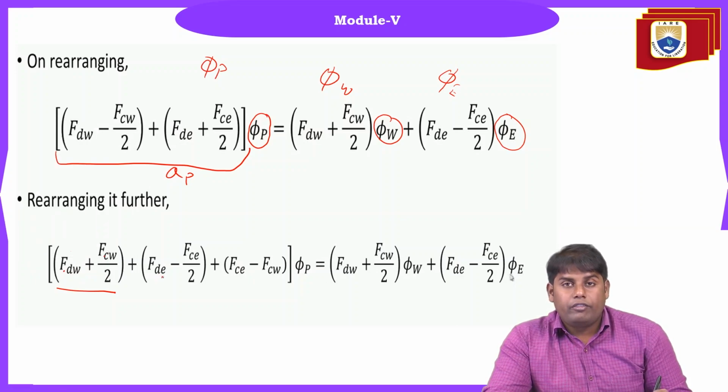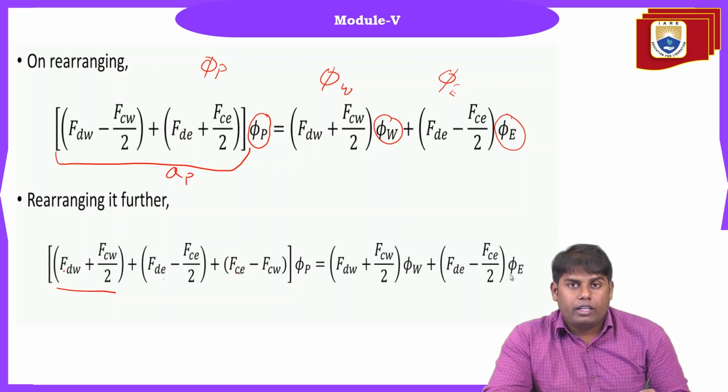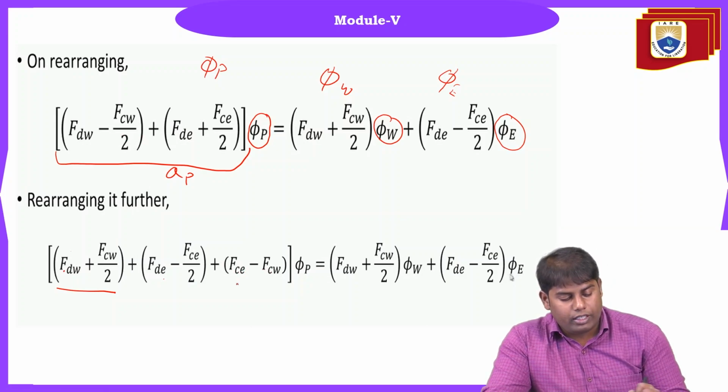Next, the diffusive flux at the east face, plus the convective flux at the east face by 2, plus FE minus FW. So when we rearrange, we get this one.